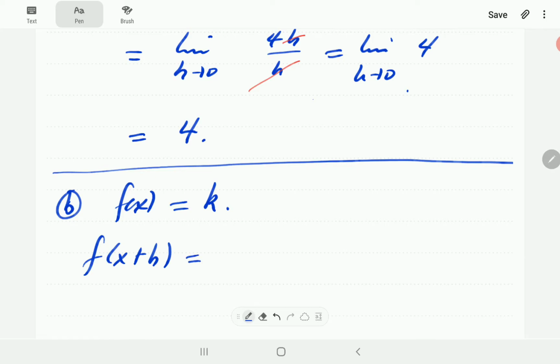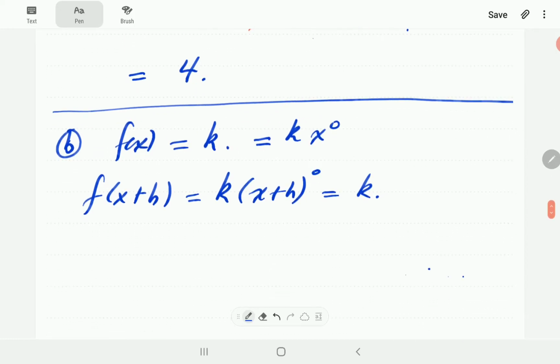Well, in this one, there is no x, or rather the x is there, and it's hidden, as if you like, because that's the same as k times x to the power 0, where of course x to the power 0 is just 1. So if we plug in x plus h for every x, this still remains k.